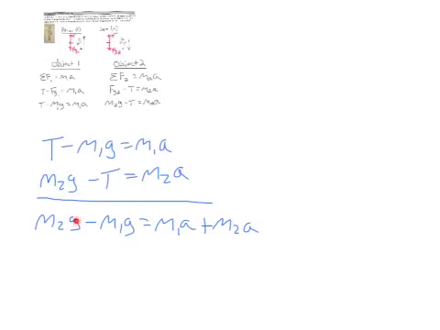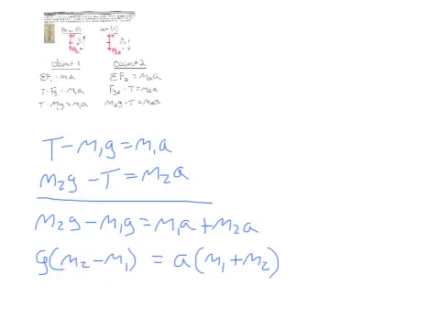Now because G shows up on both terms on this side of the equation and A shows up on both, we can extract out the G. So we end up with G times (M2 minus M1) equals A times (M1 plus M2). And it's important to recognize that M2 in this case is the heavier mass.